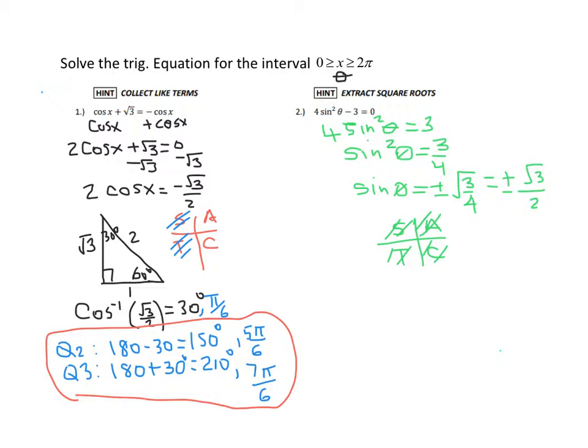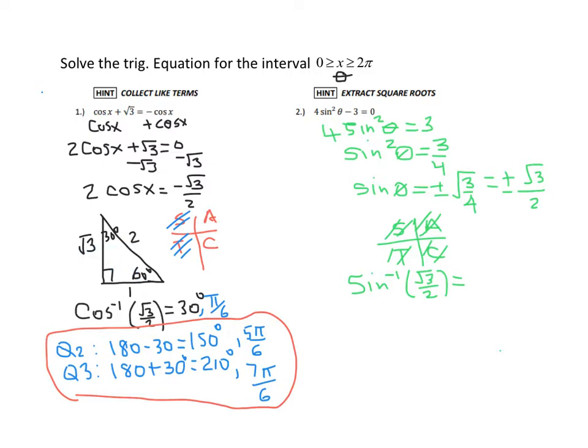So sine inverse of, I'll just start with the positive one, square root of 3 over 2. I'm doing sine this time. I'll go back to my special triangle right here, and I can see an angle whose sine is square root of 3 over 2 has to be 60 degrees, opposite over hypotenuse.